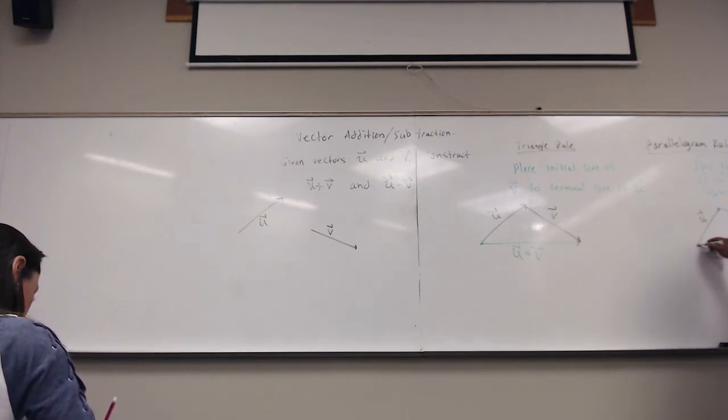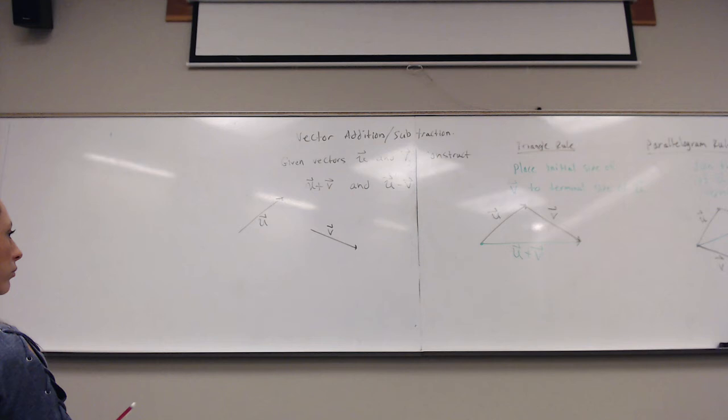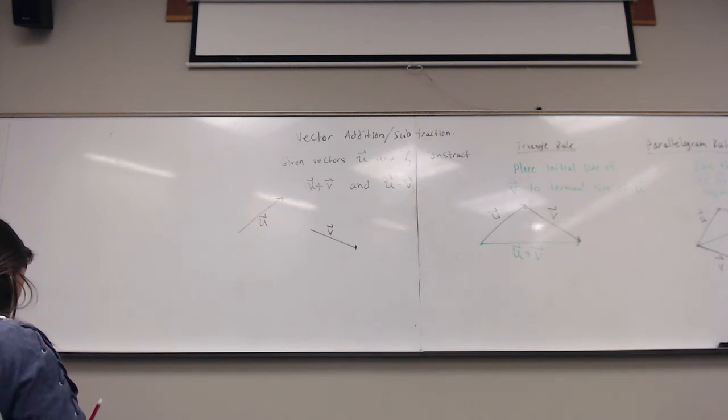This time you go from where the two initial sides meet to where the two terminal sides meet. Basically I'm just taking v and shifting it up here, and taking u and shifting it down there. Then to do u plus v, we go from where the initial sides meet to where the two terminal sides meet. The reason the pictures look different is because I eyeballed it and didn't draw it exactly correct.